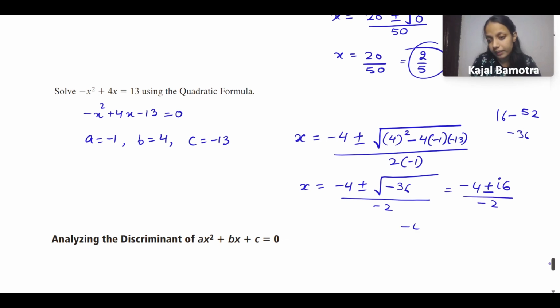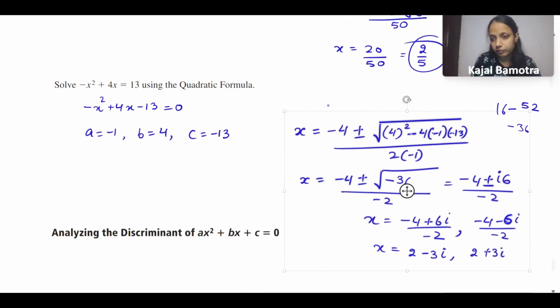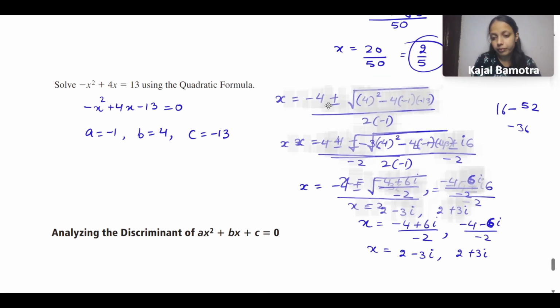So you will get negative 4 plus minus 6i over negative 2. You can divide by negative 2 and you get 2 minus 3i, 2 plus 3i. These are the two answers for this question. Okay, this is the answer.